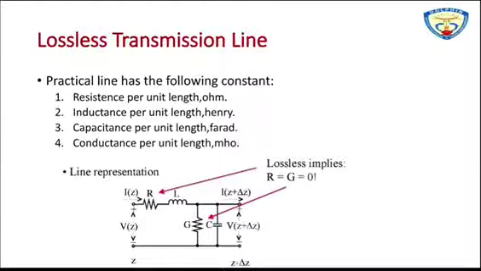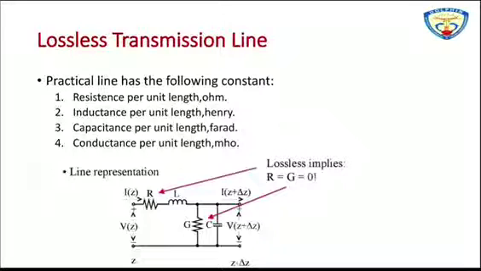The wires are separated by a dielectric, which cannot be perfect, so you have conductance. These are represented per unit length, as the transmission line is very long, so you take the resistance, inductance, capacitance and conductance values per unit length.